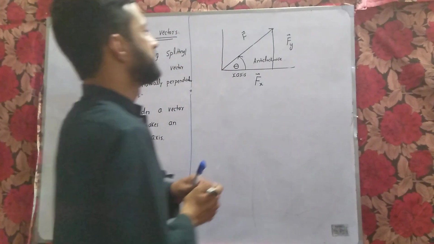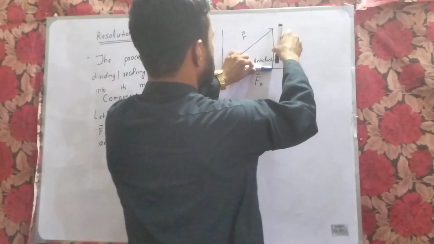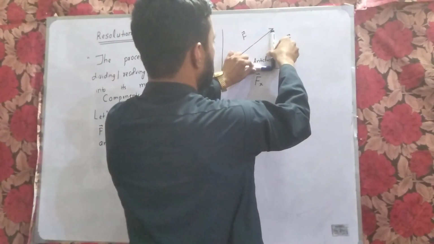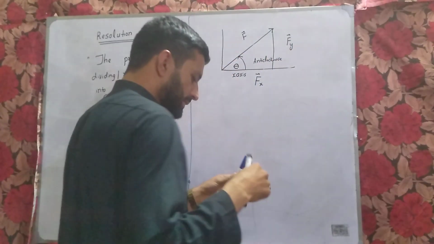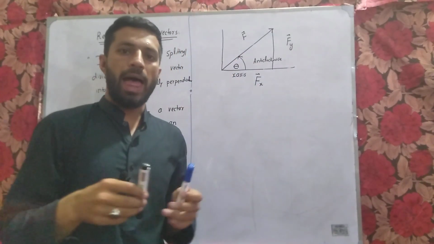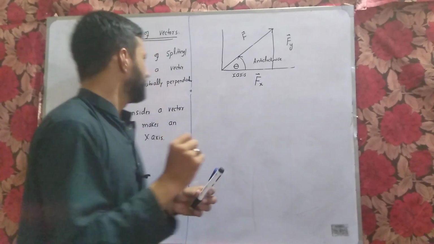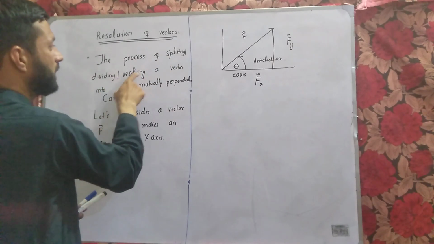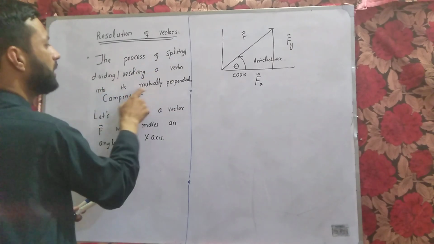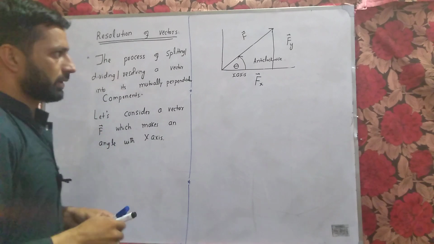These are fx and fy, and they are mutually perpendicular because these two vectors have an angle of 90 degrees. That's why we say the process of splitting or dividing or resolving a vector into its mutually perpendicular components.